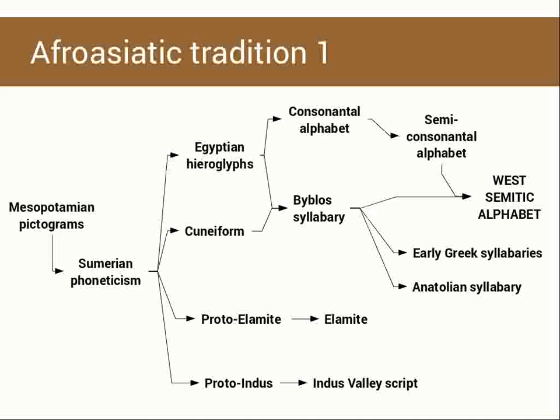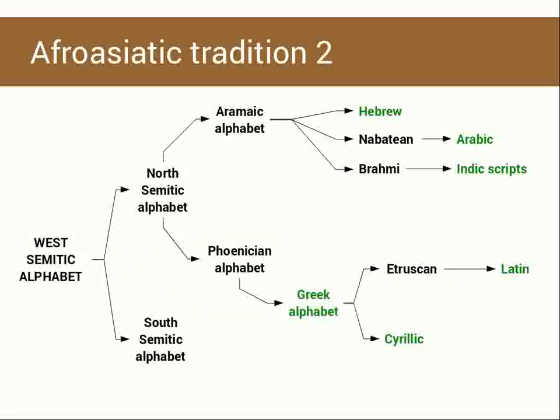Egyptian hieroglyphs are the same family, cuneiform, all the scripts here. Early Greek syllables, those are not deciphered very well. And this one in caps is important because all other branches died out. This one had some interesting progeny going on.